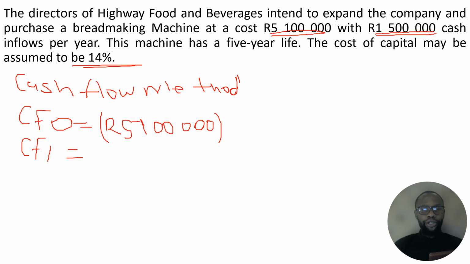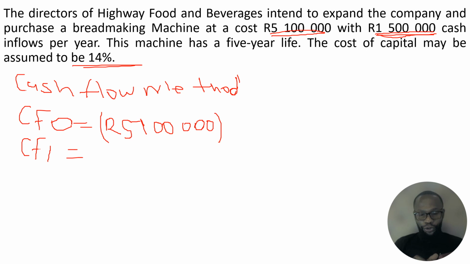So here, you're going to use the shortest way. The shortest way is to tell the calculator that this 1,500,000 cash flow is not just for 1 year, it's for 5 years. So you're going to press 1,500,000.